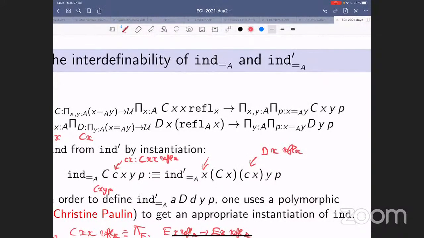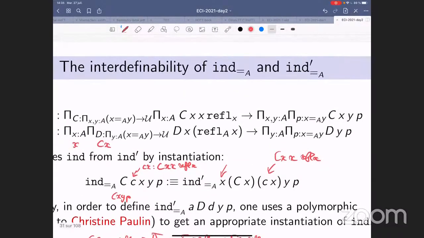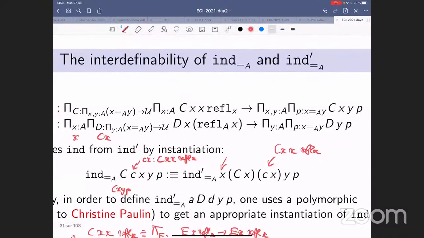But we defined D to be C x. So this D is actually C x, so I can replace this D by C x. And this is exactly what little c here is.